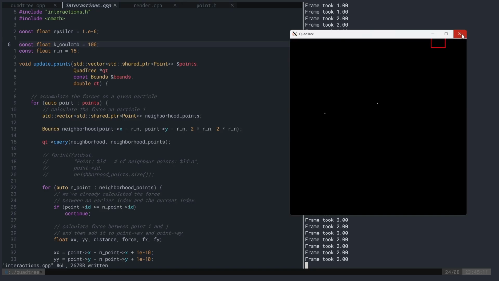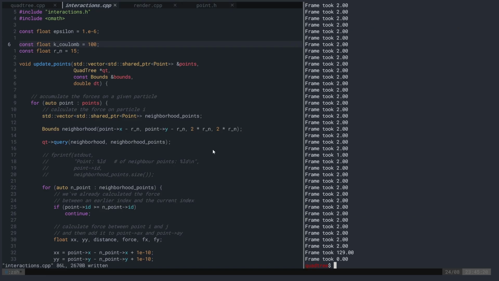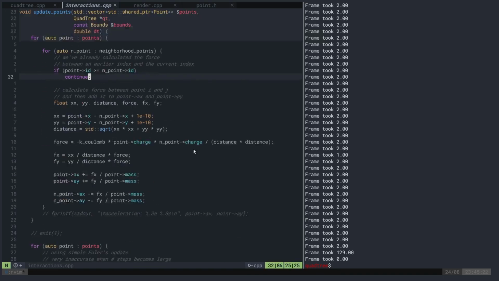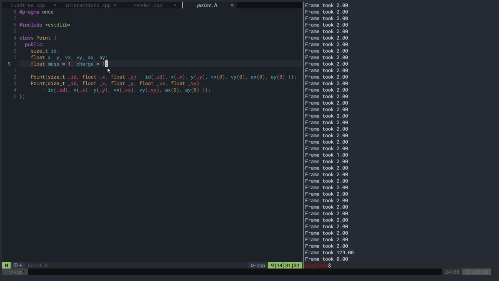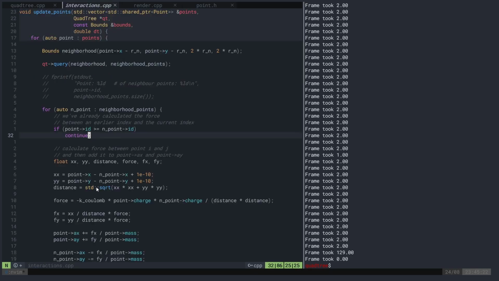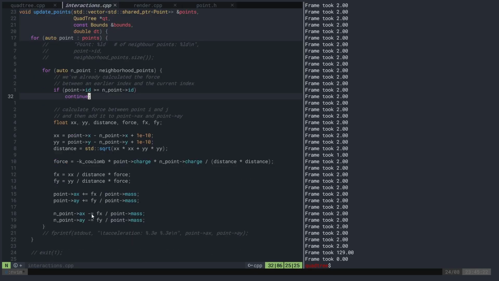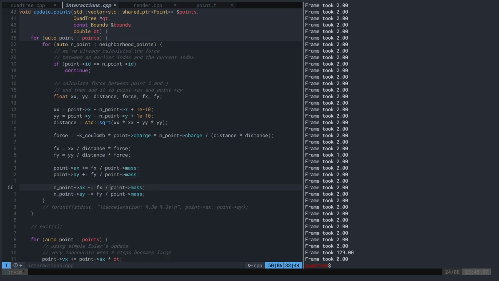Oh, I see. So they're actually bouncing incorrectly. So there might be a problem with the way that we've defined this force. Both of these points should have charge of 1, so that's correct. I mean, these should be endpoint mass, but that's fine.